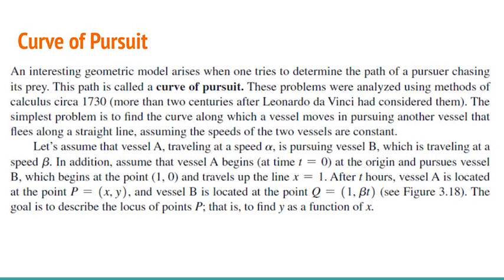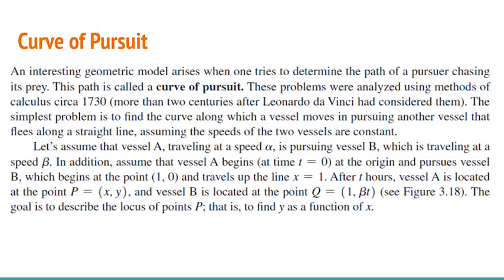From the given problem, let's assume that vessel A, traveling at speed alpha, is pursuing vessel B, which is traveling at speed beta. In addition, assume that vessel A begins at time t equals 0 at the origin and pursues vessel B, which begins at the point (1, 0) and travels up the line x equals 1.